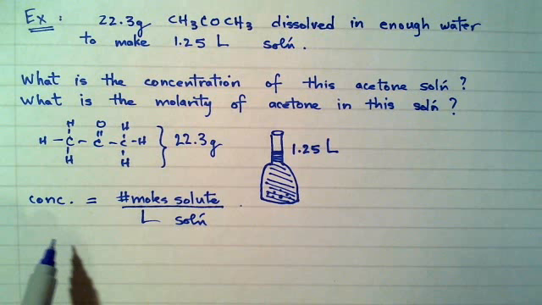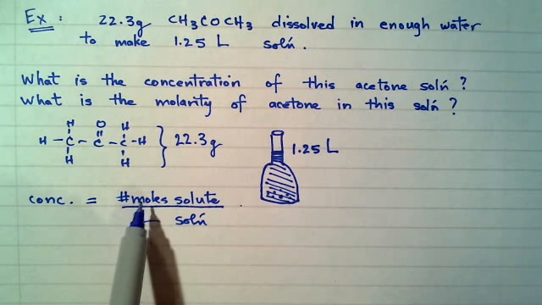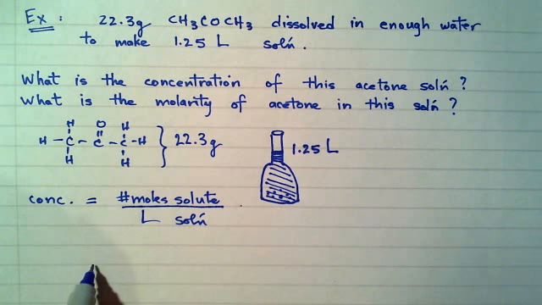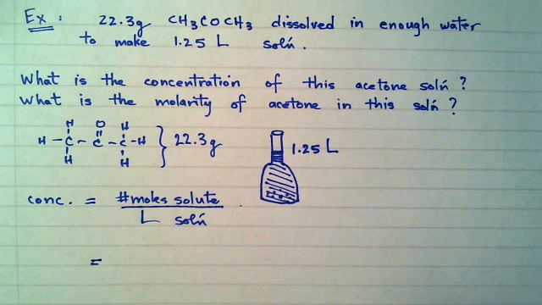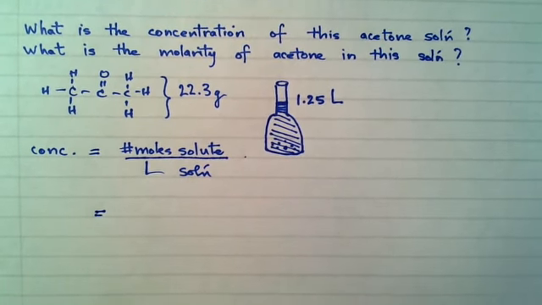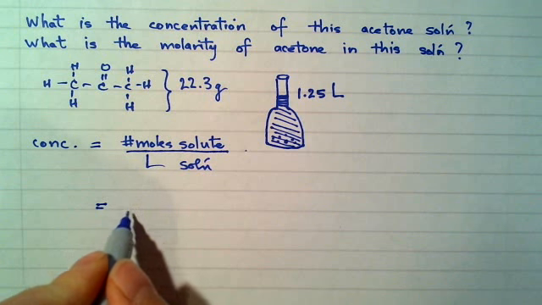So clearly we have to find out how many moles of acetone 22.3 grams represents, and then what is my final volume of solution. I like to do this continuing on as just one line. So let's lower this a bit, and we'll use our periodic table to calculate the molar mass of acetone and convert it.